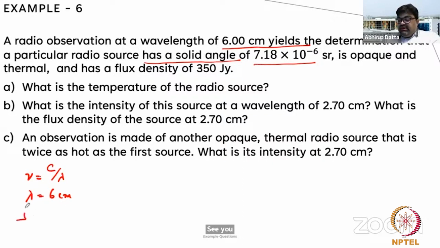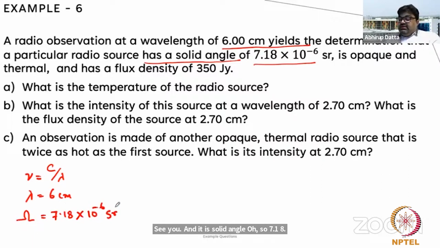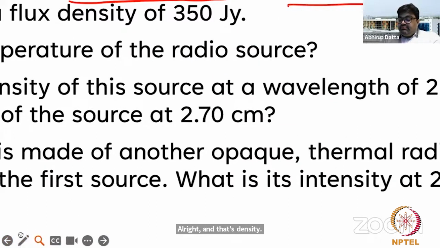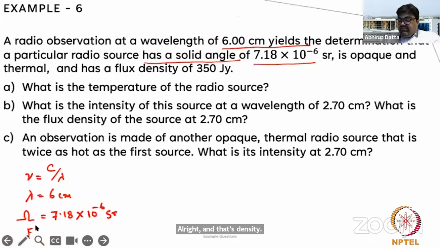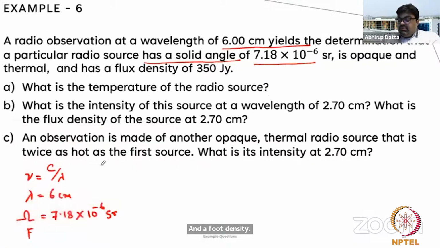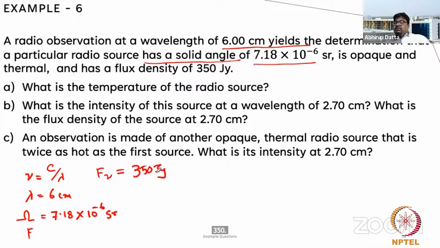And it has a solid angle of 7.18 times 10 to the power minus 6 steradian, and a flux density of 350 joules. So what is the temperature of the radio source? Let us see how we go about it.